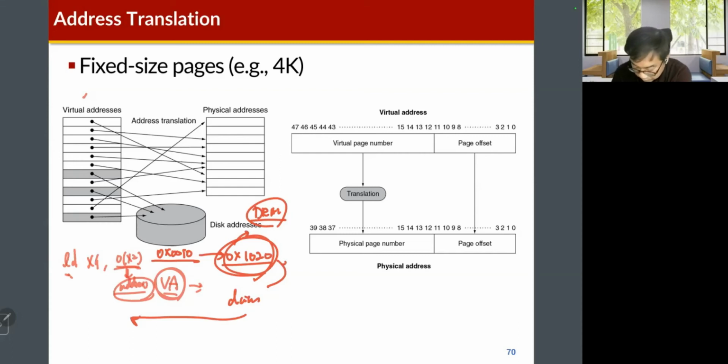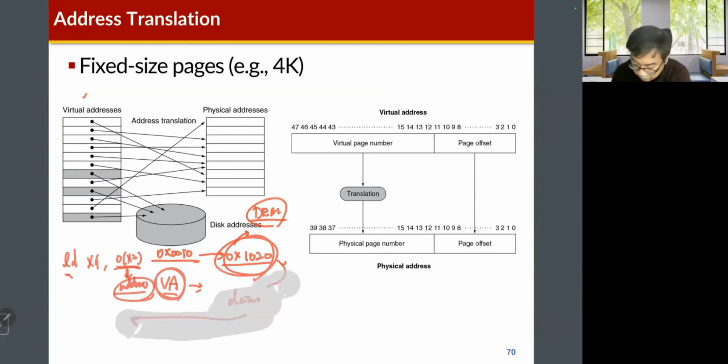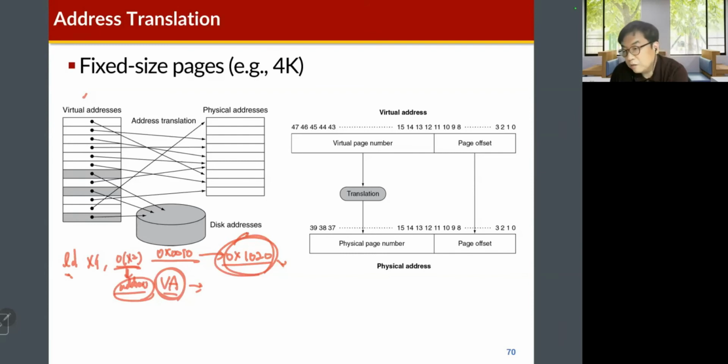So in order to use virtual memory, the virtual address should be translated into the physical address, and this translation is supported by the operating system and hardware. But how can you translate this virtual address to the physical address?